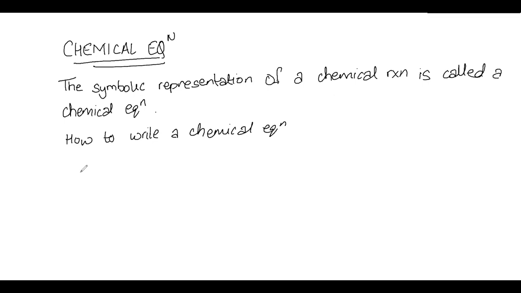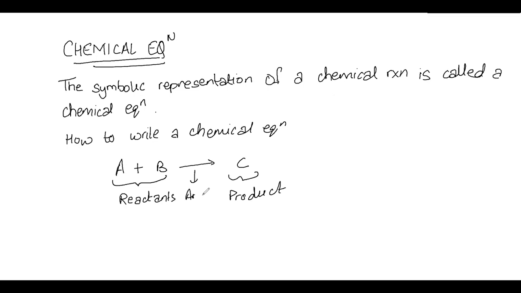Now see, in a chemical reaction, suppose we have A plus B giving C. Now there are three components: the reactants, the product, and the arrow. So these are our three parts of a chemical equation.